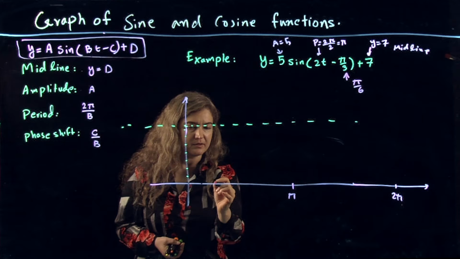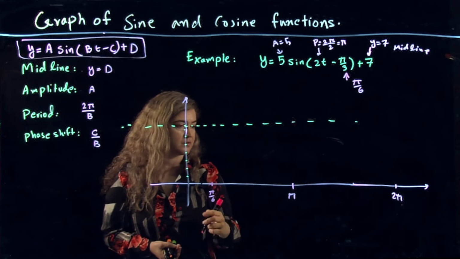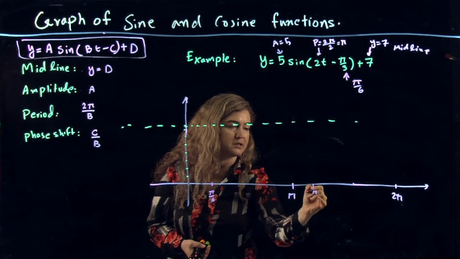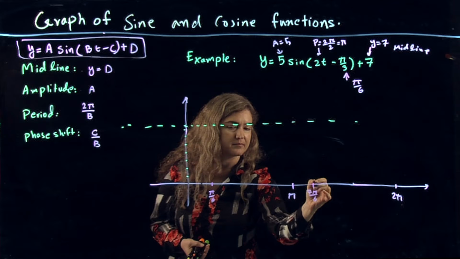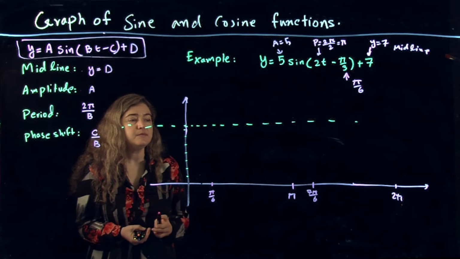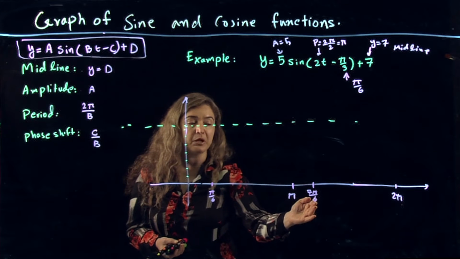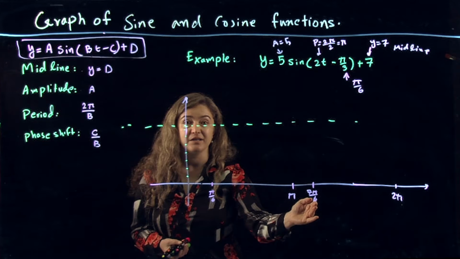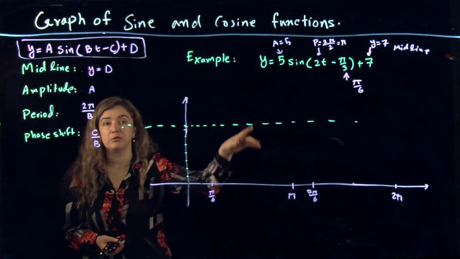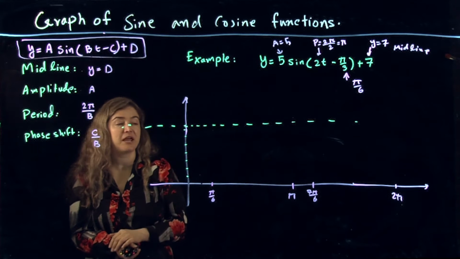So about this much. And here is 7 pi sixths. Okay, so from pi sixth plus the period, 7 pi sixths, I should have one complete ripple of the sinusoidal wave.